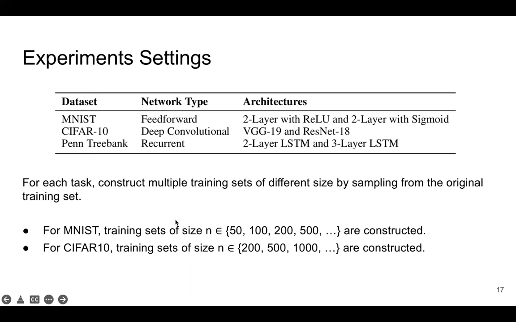In order to better understand the generalization ability of each optimization method with an increasing training sample set, for each task like MNIST and CIFAR10, they build multiple training sets with different sizes by randomly sampling the original data, at 50%, 100%, or something similar.